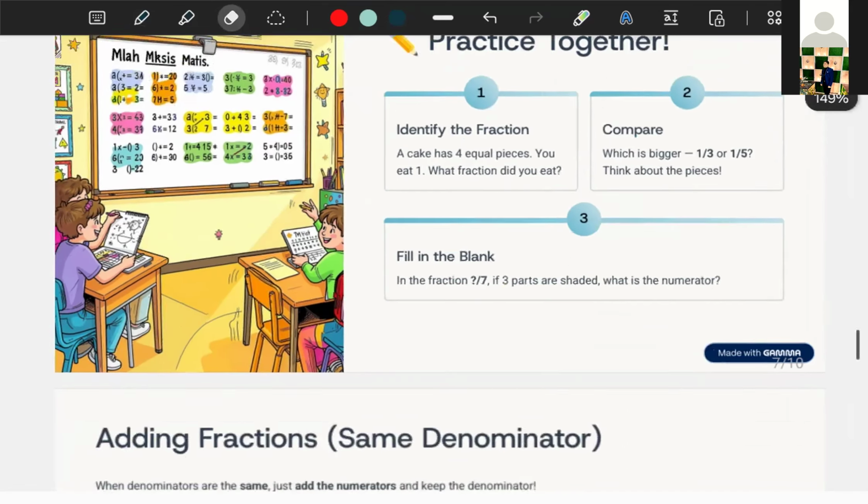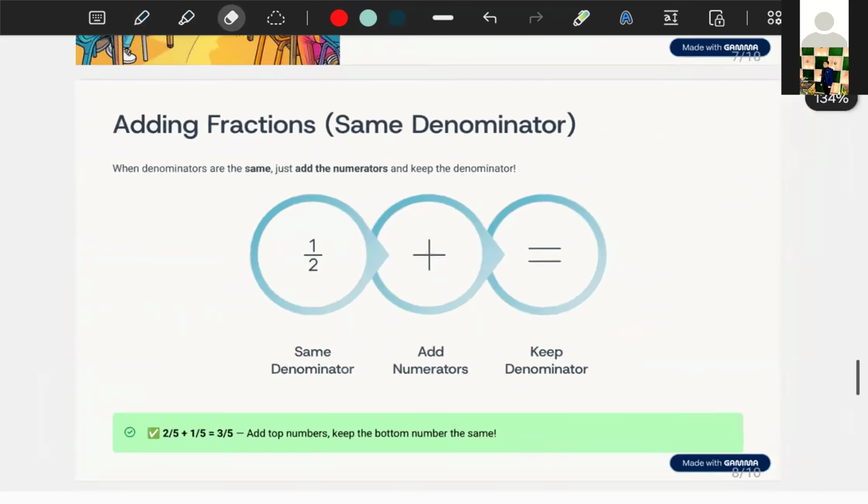Now, if we talk about adding fractions, how can we add fractions? It is easy if the denominator is the same. Suppose I have 1 by 2 plus 3 by 2.